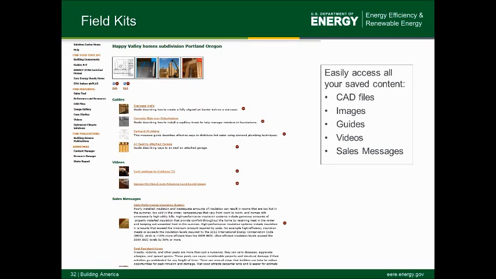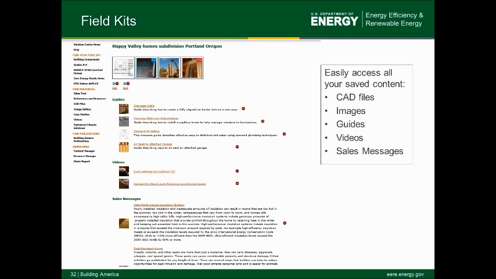So this is my field kit that I have created, and this is all my content that I have associated with it. At the very top, you'll see the images and CAD files that I have saved. Underneath that, you'll see the list of guides that I have saved. After that, you'll see videos, and then my sales messages that I have saved into my field kit.